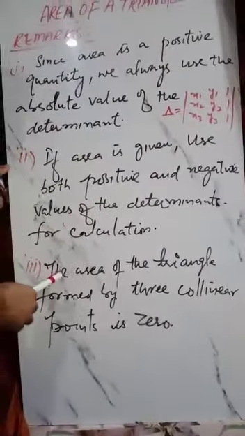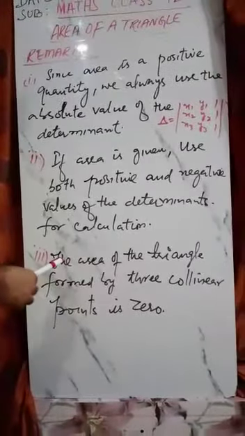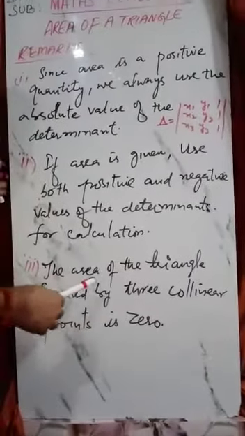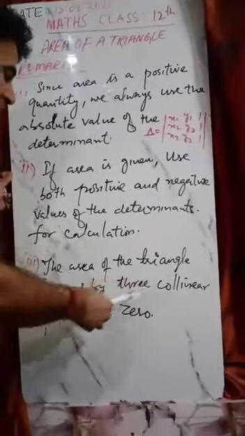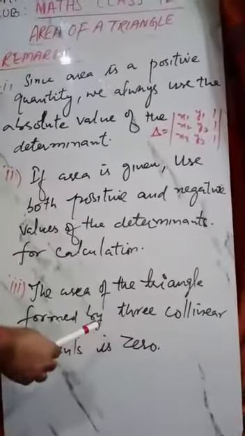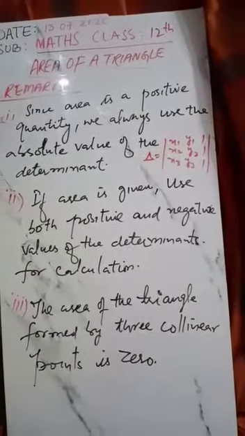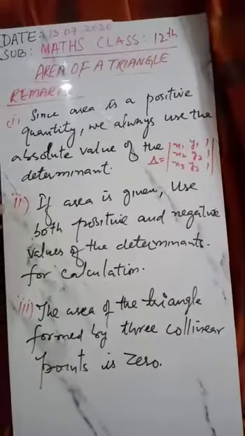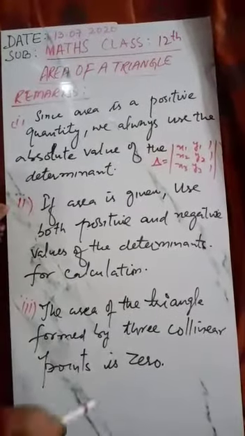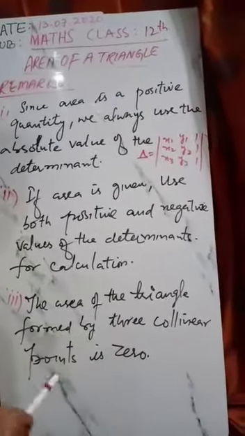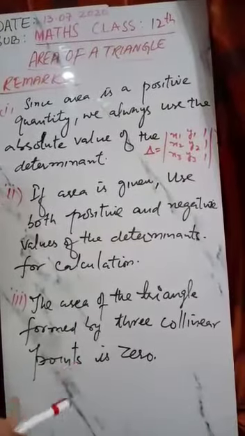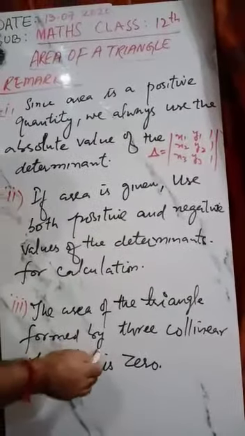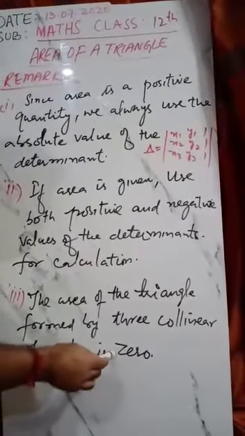So now third and important, जब भी एरिया ऑफ ट्राइंगल फॉर्म्ड बाय द 3 कोलिनियर पॉइंट्स, वो हमेशा तब एरिया 0 होगा। That means the area of a triangle for 3 collinear points is always equal to 0, and if the points are collinear, then you can say that the area of triangle is 0.